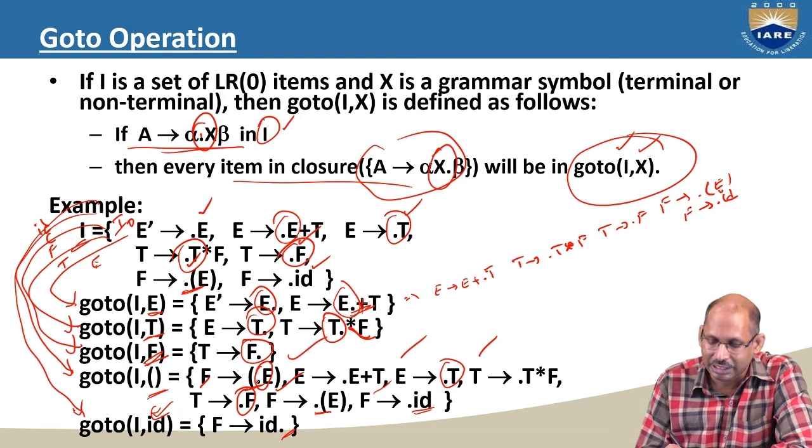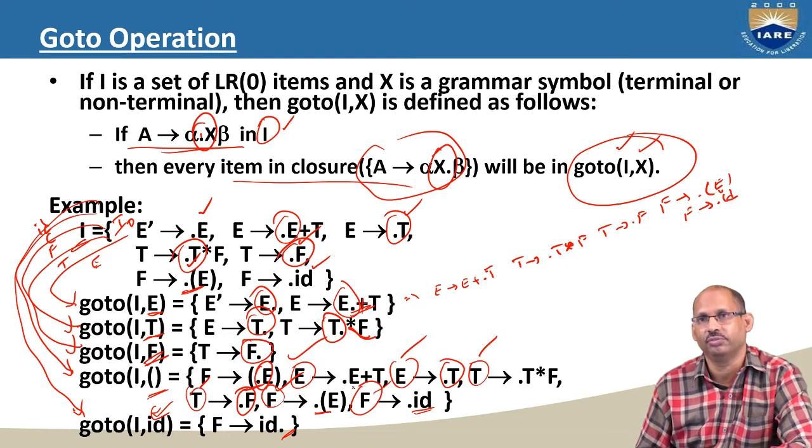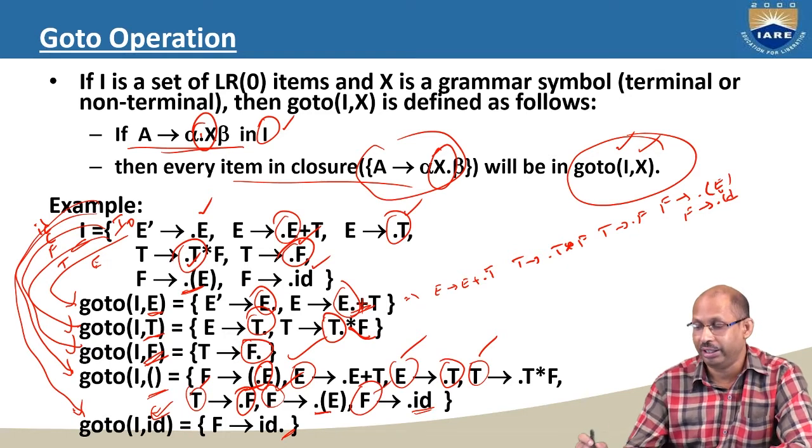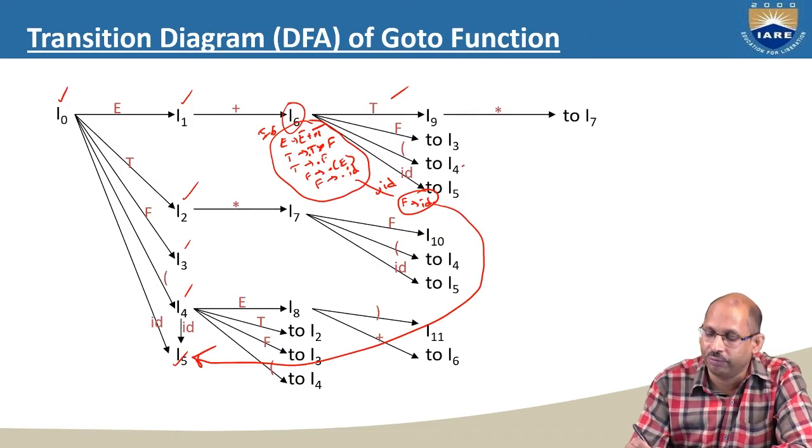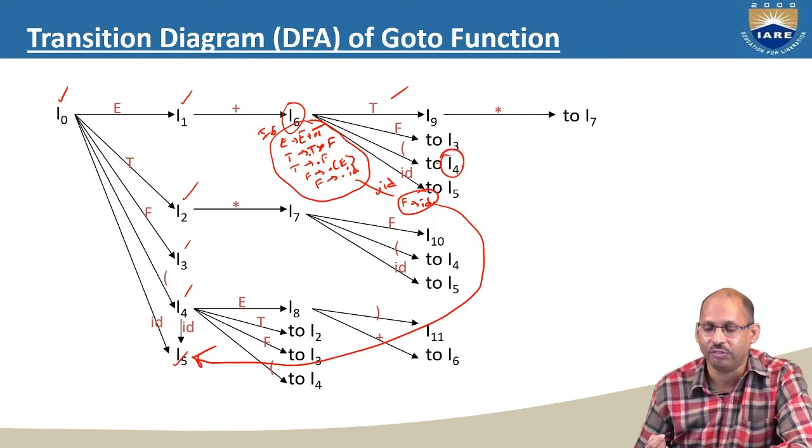Dot left parenthesis as left parenthesis E. Then add E productions, then add T productions, then add F productions, and continue. That set is already there, so we connect to I4.